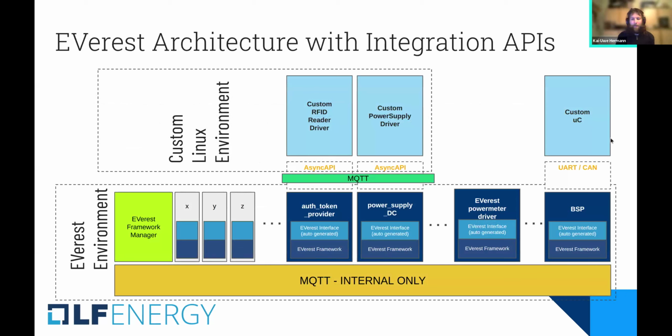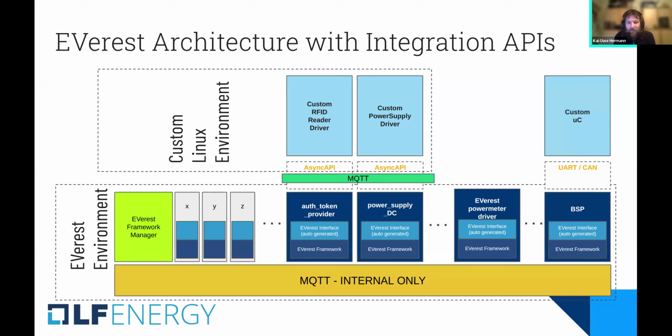So this is a simplified diagram of how this looks. At the bottom, you have the so-called Everest environment. This is where the Everest manager and all of the typical Everest modules for running the charging logic and some hardware drivers live. And on top of that, you can add all kinds of different functionality.